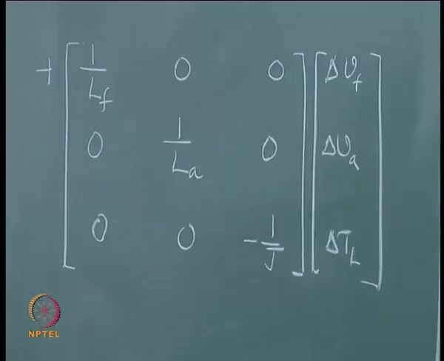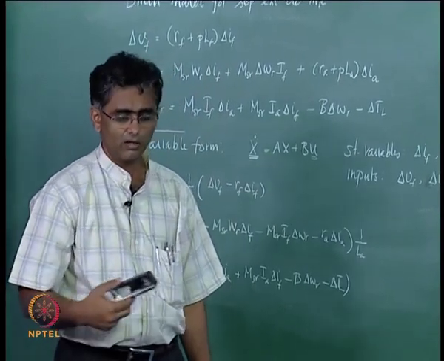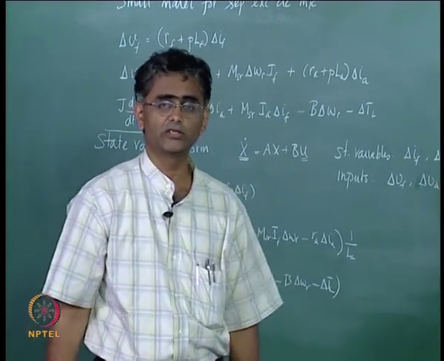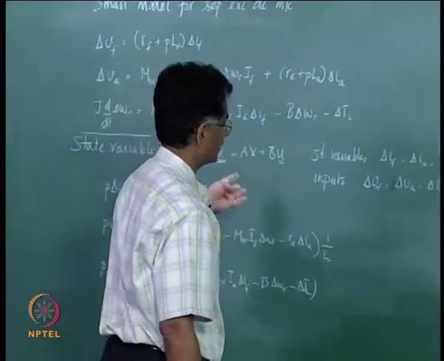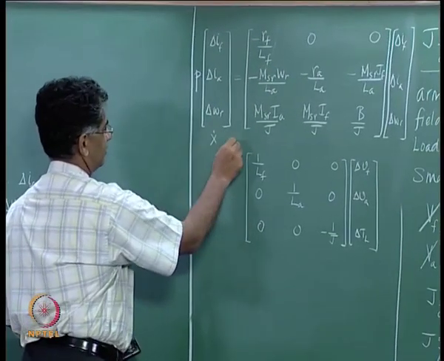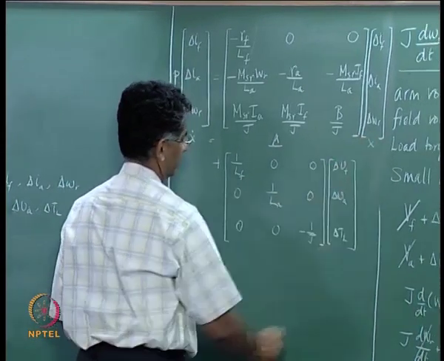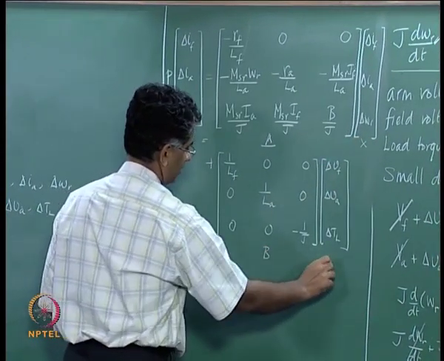So we have now succeeded in recasting these small signal equations in the state variable representation, in the form x dot equals Ax plus Bu. This vector is x dot, this matrix is your A matrix, then the state vector again, and here B and u.